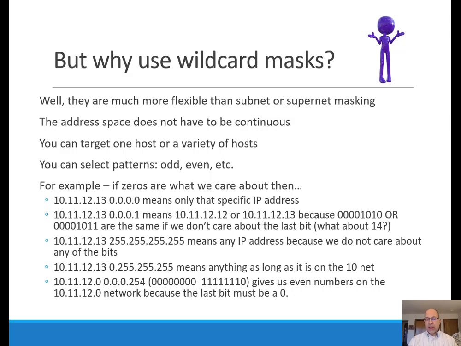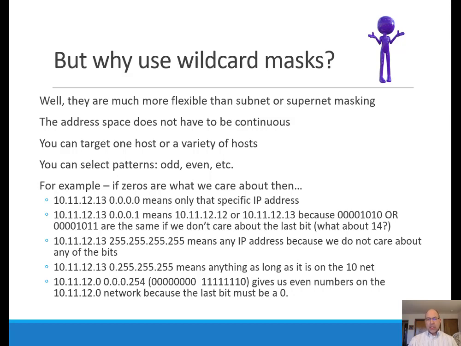Now here's one that's kind of for fun on the bottom there. Let's change the mask and change the match criteria, the prefix there. It's now 10.11.12.0 and the mask is 0.0.0.254. I think that's right. So take a look at the last octet for both portions.